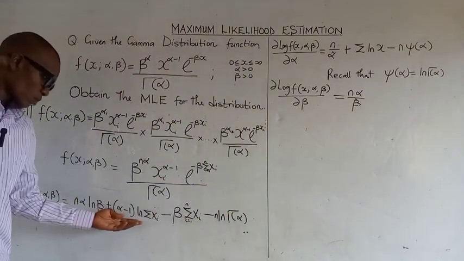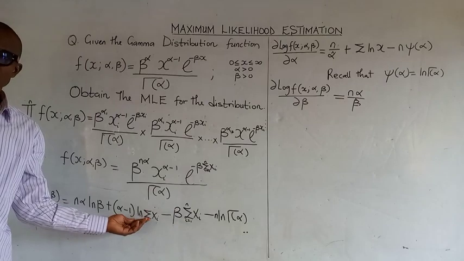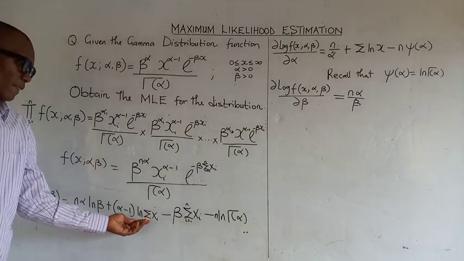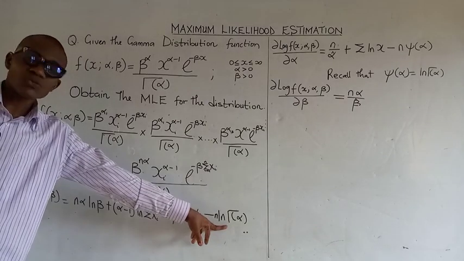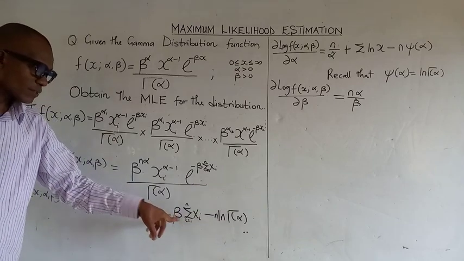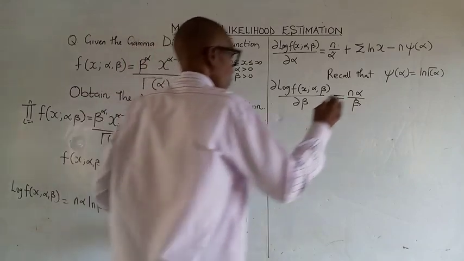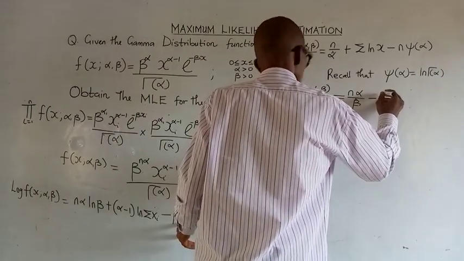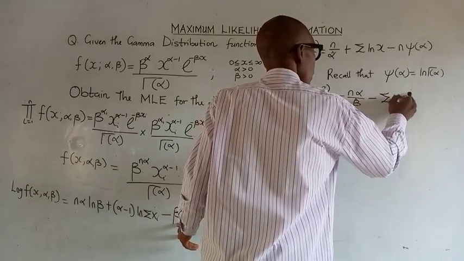If we differentiate this, we get 0. If we differentiate this, we also get 0. So we are left with just this one, and we differentiate this to give us minus the summation of xi.